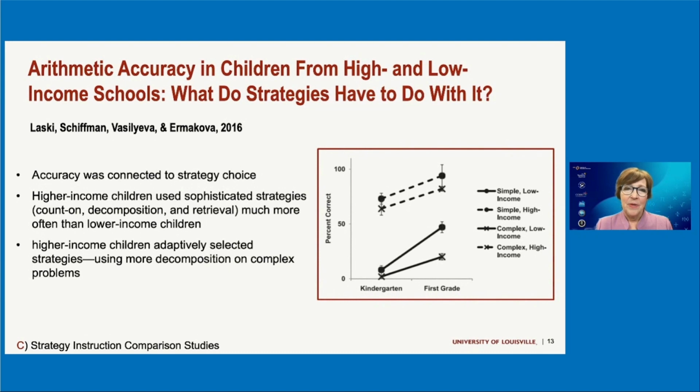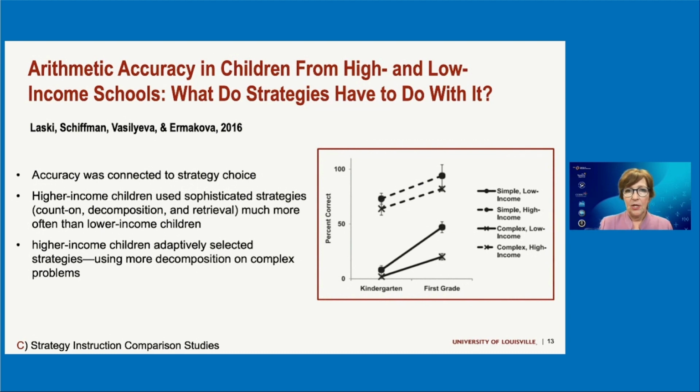This is a study that I just wanted to link to, because what happens in our schools is students come into kindergarten with different backgrounds. What this is showing is that we have students coming into school, and high-income children end up having already some more sophisticated strategies. So explicit strategy instruction is that much more important to children arriving to school that haven't yet thought about efficient ways to add numbers.